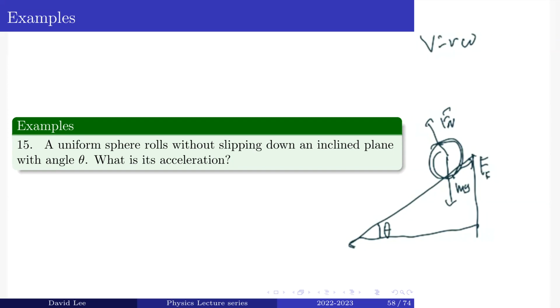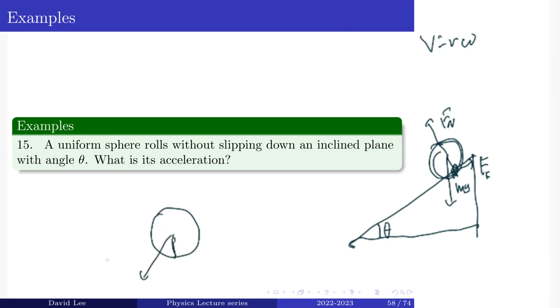So let's consider the contact point as our pivot then. The only force that provides a torque would be gravity in this case. Because if we draw it out, this is the contact point.